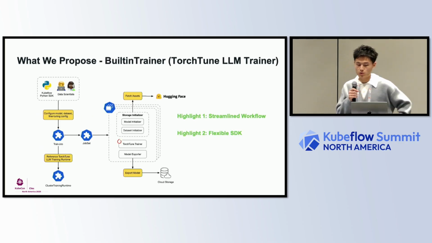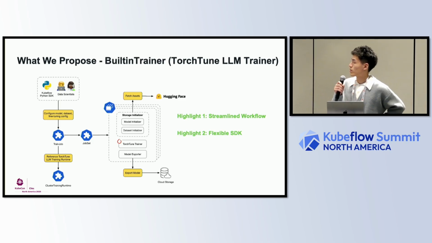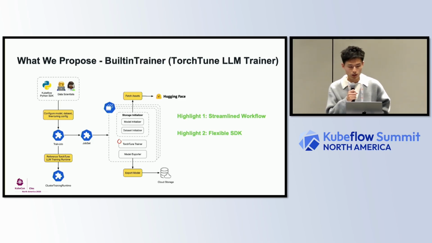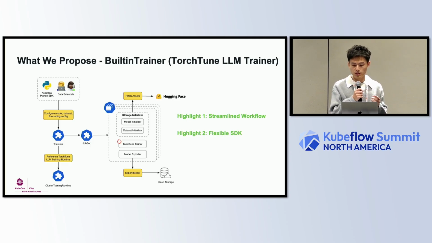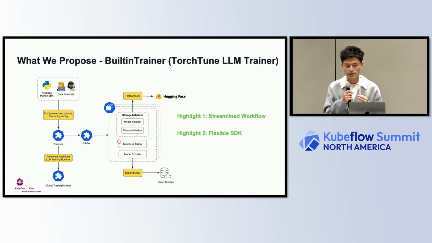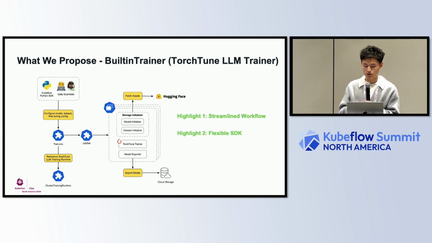To solve this challenge, we propose the built-in trainer, also known as the Torch2 LLM trainer. The first highlight is it streamlines model and dataset downloading, fine-tuning, and artifacts exporting in a single workflow without individual involvement. The second highlight is we provide a simple yet efficient Python SDK for data scientists to manage this workflow.